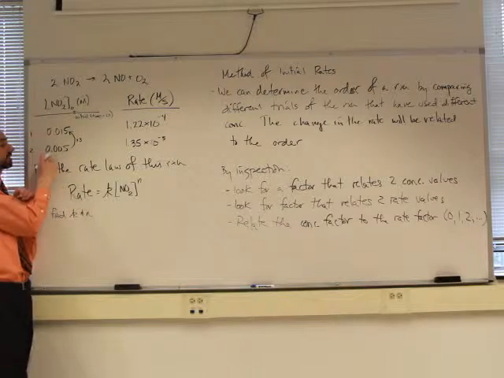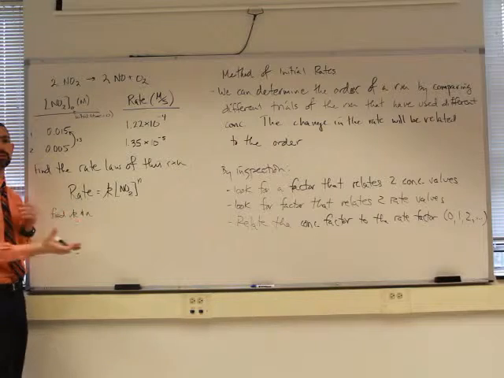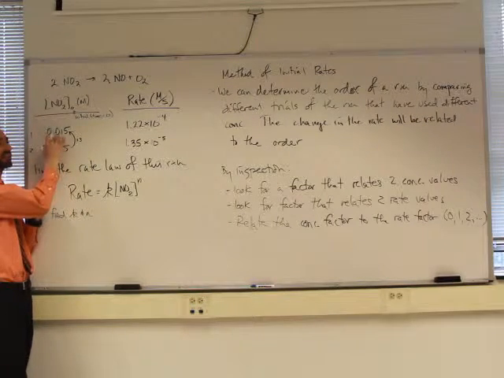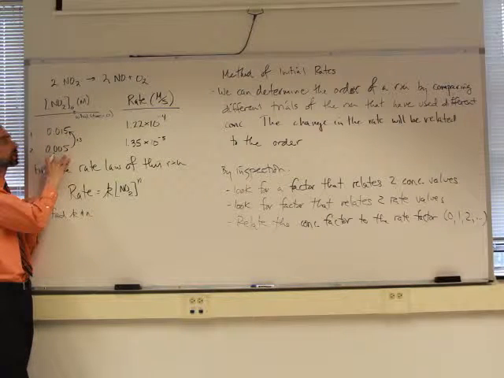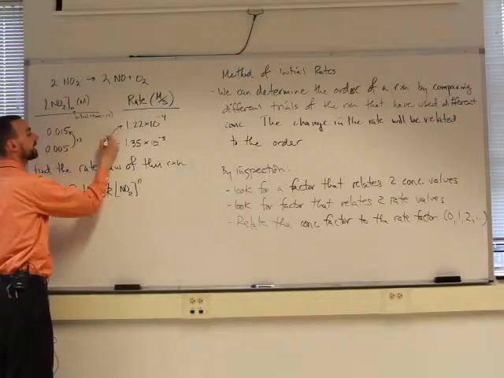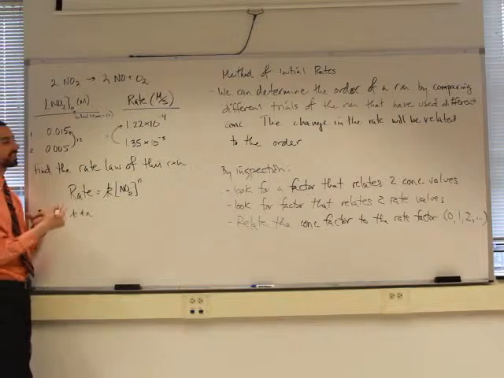I've increased from trial 2 to trial 1. Doesn't matter which one we really did first. But from this one to this one, this 0.015 is 3 times as much NO2 as this other trial. What is that factor for the rate? So how did that change?